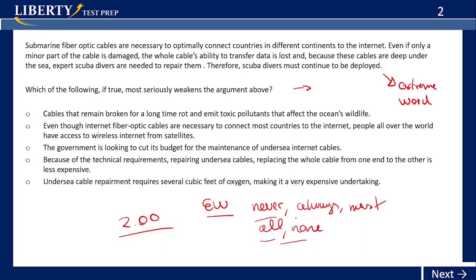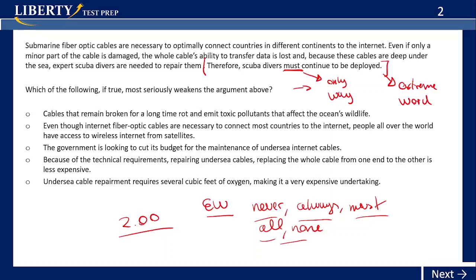Whenever you see one of these words in the conclusion, you have to pay very close attention. So here we have: scuba divers must continue to be deployed. This is a conclusion. With must, they're saying that's the only way. There's no other way. That's the only way in which you can solve something, right? Scuba divers must continue to be deployed.